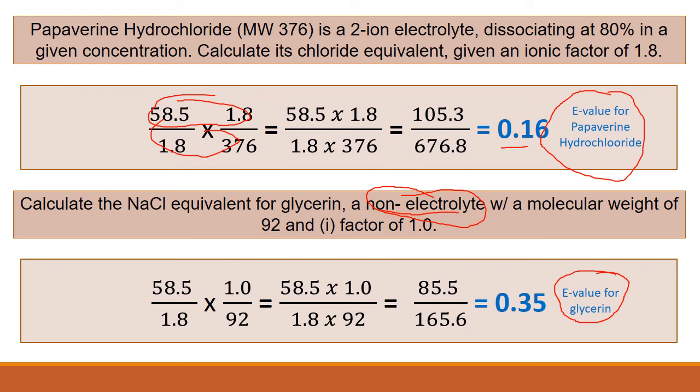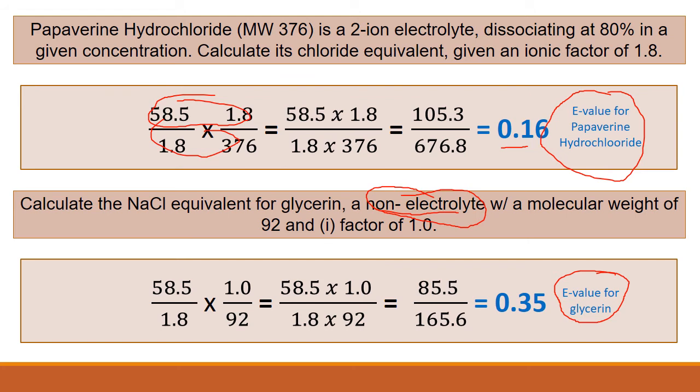Next, we have calculate the sodium chloride equivalent for glycerin, a non-electrolyte. Remember, this is a non-electrolyte with a molecular weight of 92 and an I factor of 1.0. Okay, since it is a non-electrolyte, we assume that one is the value for our Van't Hoff factor.